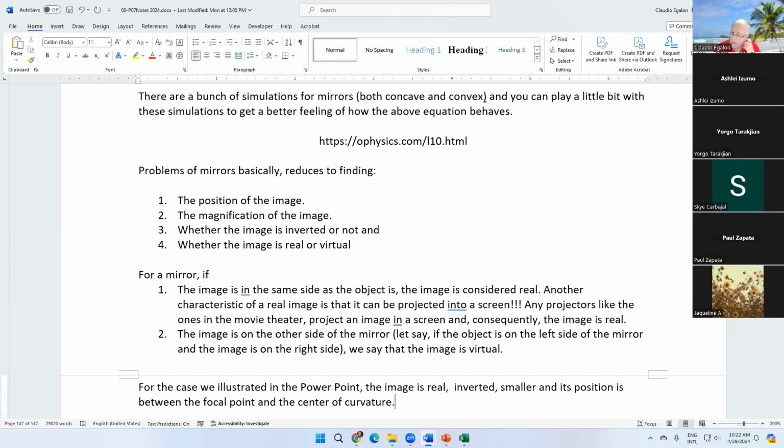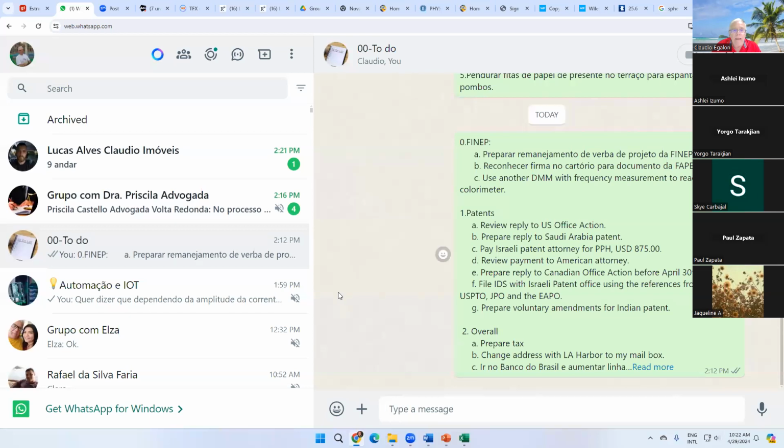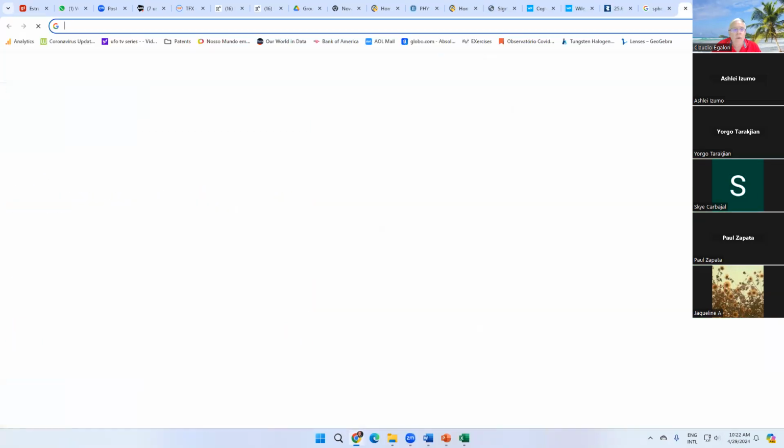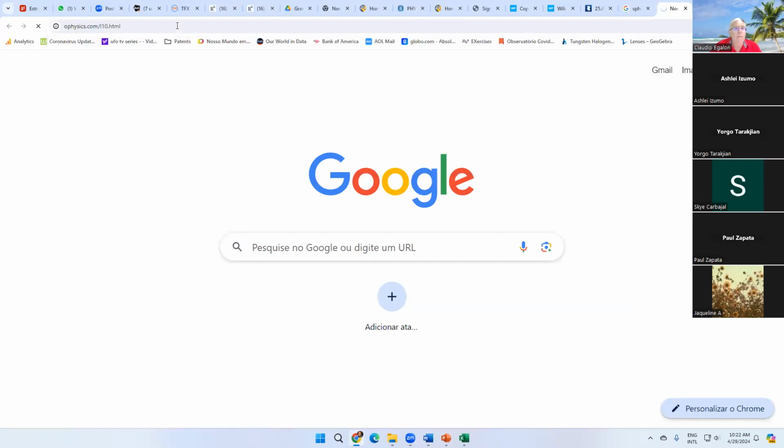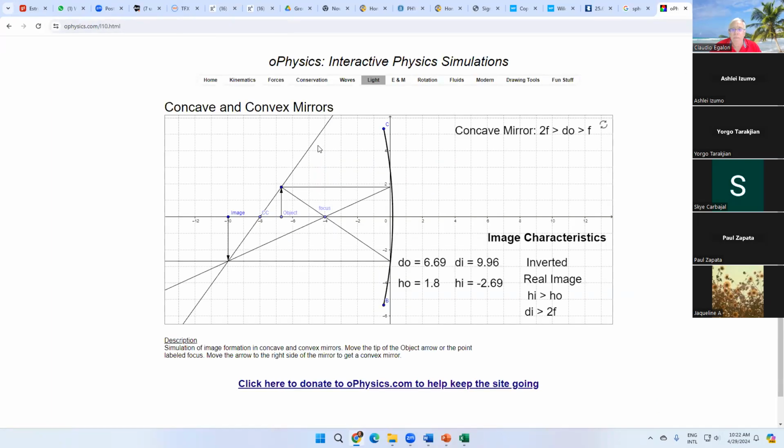Okay, but like I said, there are other images. Let's take a look at our simulation here, okay? Those simulations are really handy, very good to understand how a mirror behaves. Here we have the case of a spherical concave mirror.